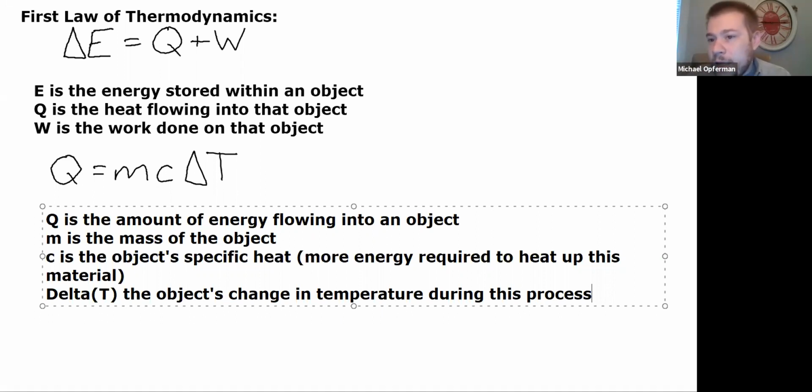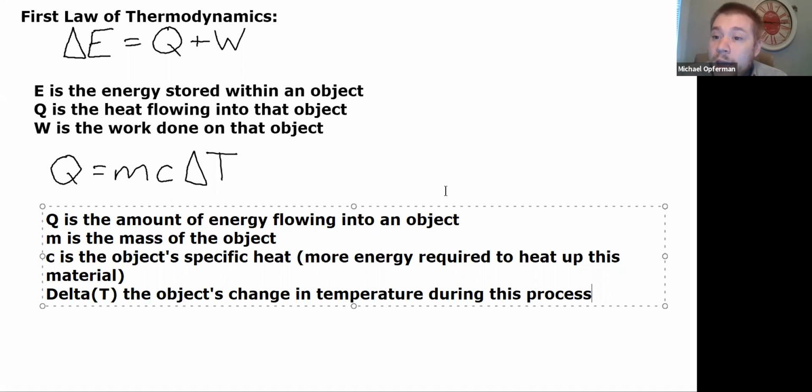And delta T is negative if Q is negative, naturally, because if the temperature is going down, energy is being given off by the object. So negative Q means energy is given off by the object, and positive Q means energy is absorbed by the object. If the object is absorbing energy, its temperature will go up. If the object is giving off energy, its temperature will go down.